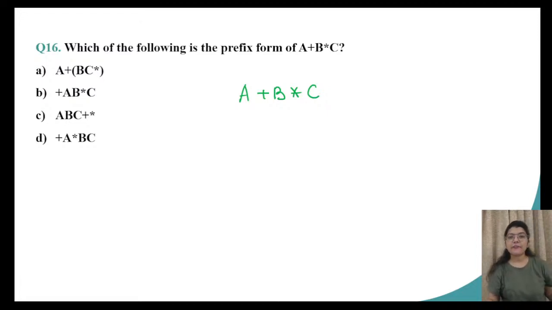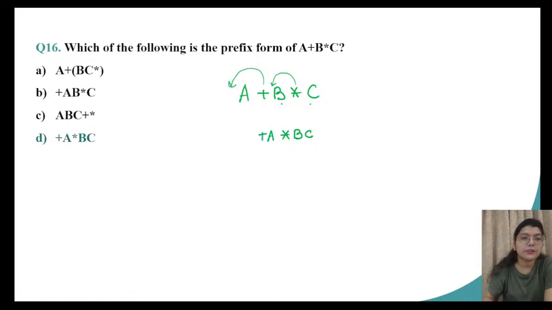Prefix is basically where you have to put the operator before, right? Now if you see, option A is definitely wrong. Why is option A wrong? Because there is no parenthesis over here. We'll not talk about parenthesis. Then we see this multiplication is between B and C, right? So the multiplication will shift before B, because it is between B and C. Similarly, this plus will shift before A, because it is between A and B. So we will have this type of structure. That is your option number D.